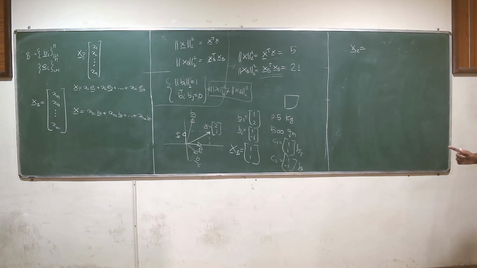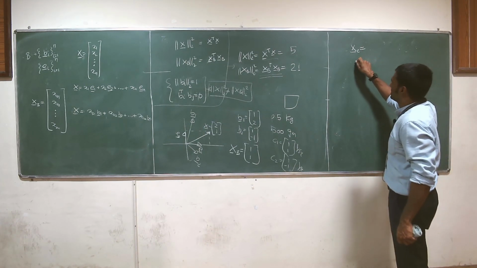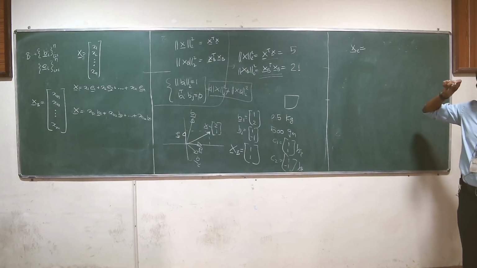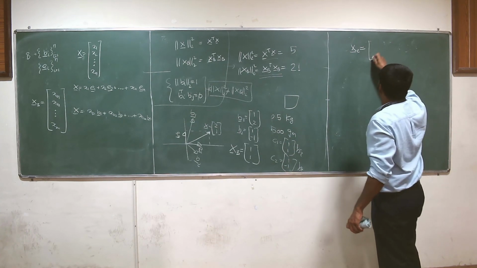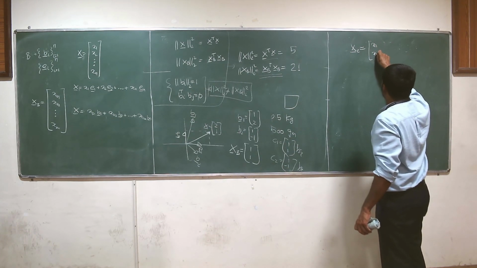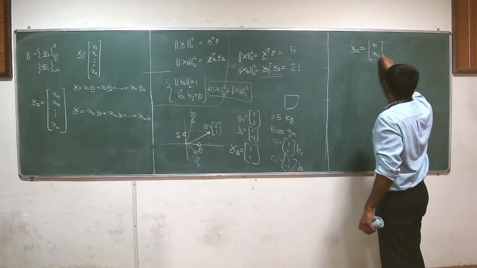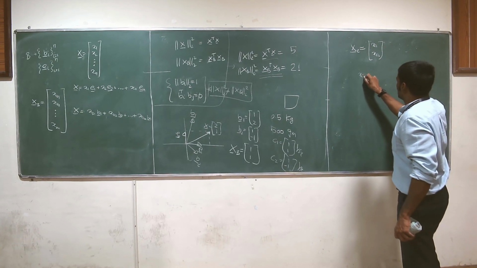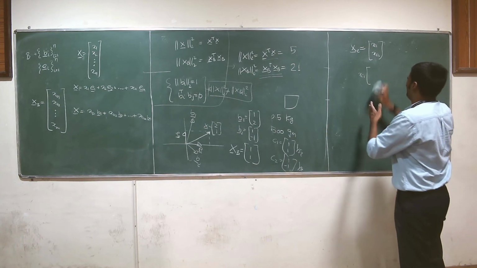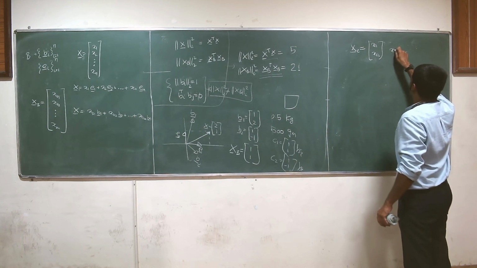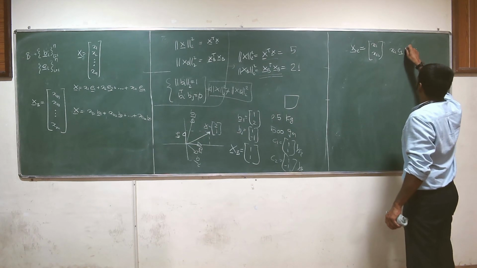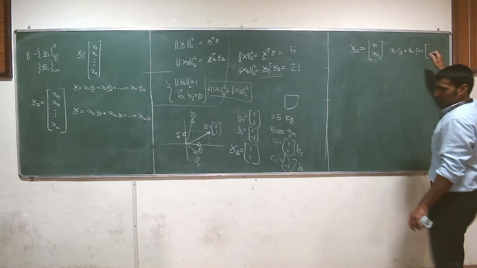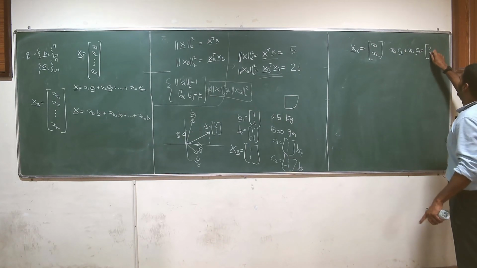How will you find out? Maybe it's not clear. See, when we say we want to find the representation in the C basis, we are simply asking what are these two scalars such that x c1 times c1 plus x c2 times c2 gives me 2, 1.